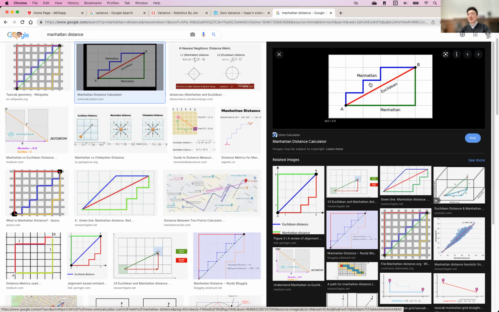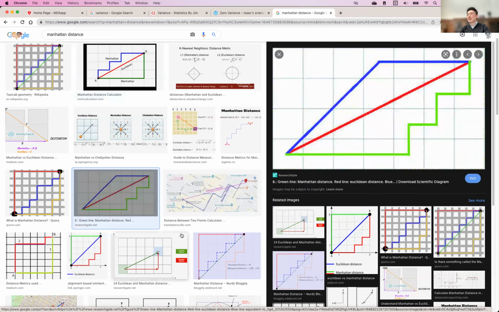If you take either the blue line or the green line, they are both Manhattan distances. Even though the shape is different, the value of the distance is exactly the same. Because if you add all the X segments together, it gives you this one, and if you add the Y segments together, it always gives you this one. So the value is always the same.